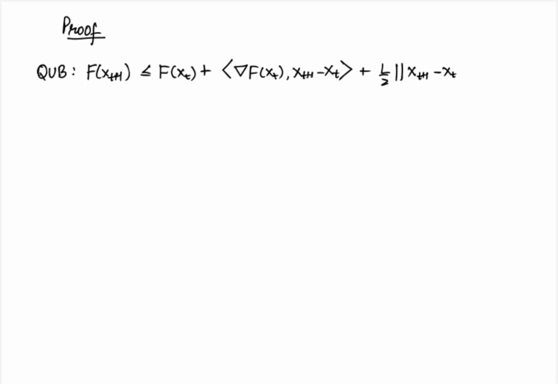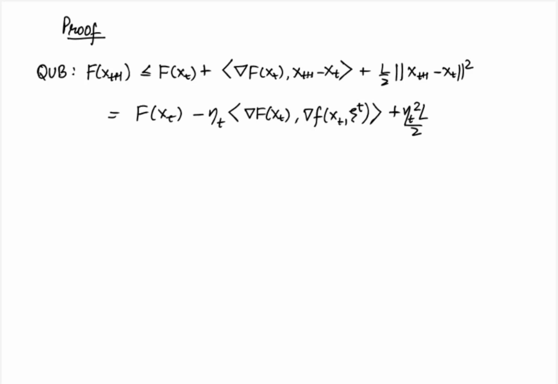We begin with using the quadratic upper bound on capital F, which yields that capital F of xt plus 1 is less than equal to capital F of xt plus inner product of gradient F of xt, xt plus 1 minus xt, plus L by 2 norm square of xt plus 1 minus xt, which can be written as F of xt minus eta t times inner product of gradient F of xt, gradient f of xt, xi t plus eta t square L by 2 norm square of gradient f of xt, xi t.